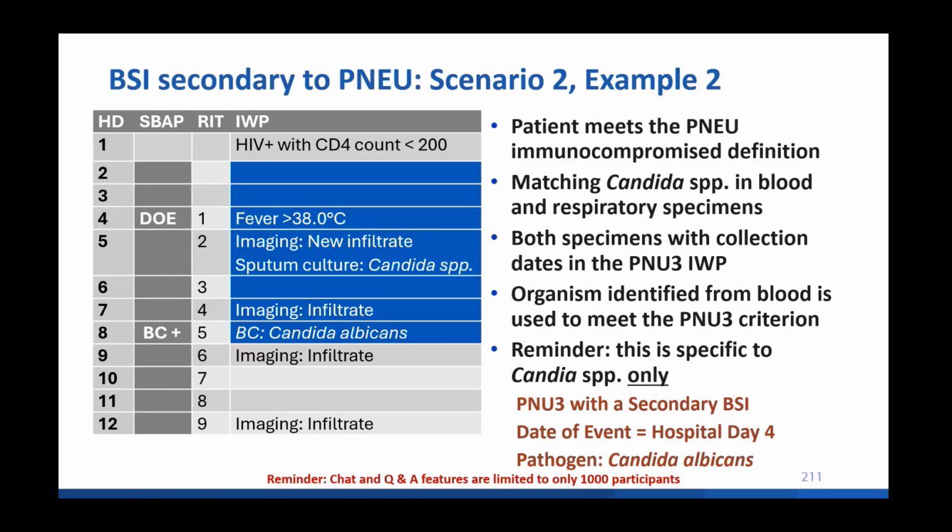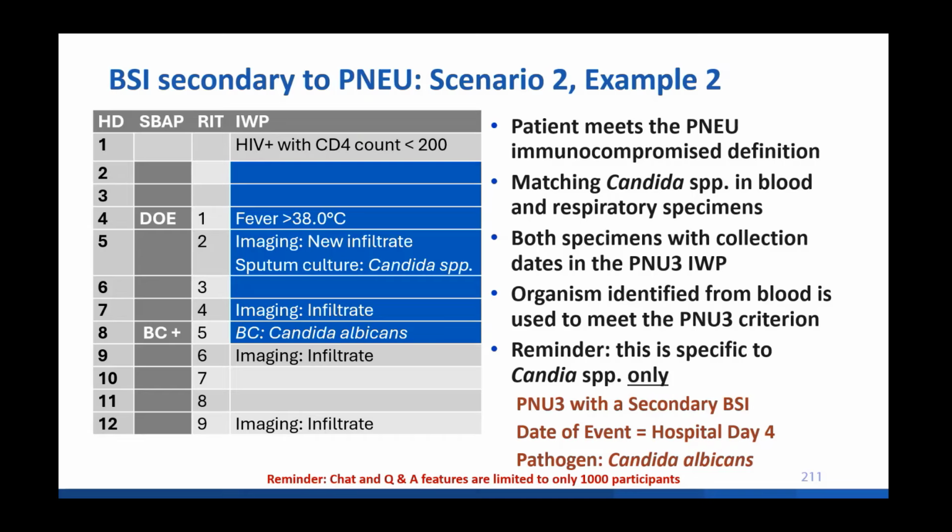Next, let's look at pneumonia 3 for an immunocompromised patient. The patient is HIV positive with a CD4 count less than 200, which meets the pneumonia immunocompromised definition in footnote number 10. And there are blood and respiratory specimens with collection dates in the same infection window period that have a matching candidate species identified.